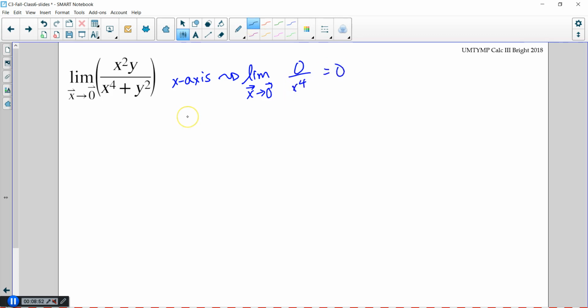And then along the y-axis, limit as vector x approaches 0 vector of 0 over y squared, still 0. Well, this is good so far, and we're going to try the line y is equal to mx.